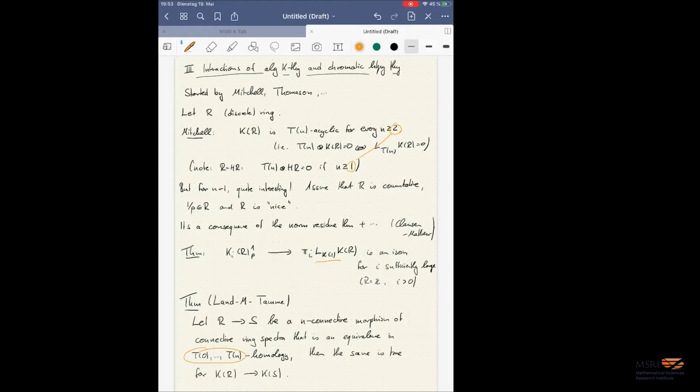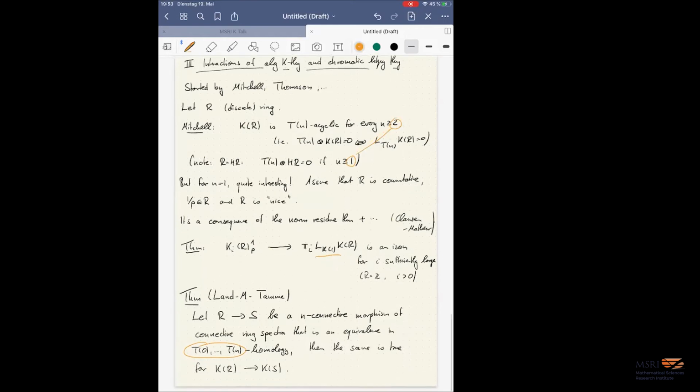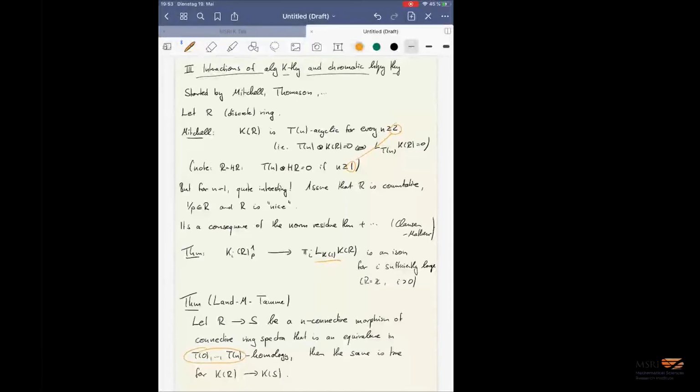I don't know of a version of this where I can just say I know it's a T(15) equivalence, and I want to deduce that the map on K-theory spectra is also a T(15) equivalence. I also don't think this will be true, but certainly I don't know how to prove it.